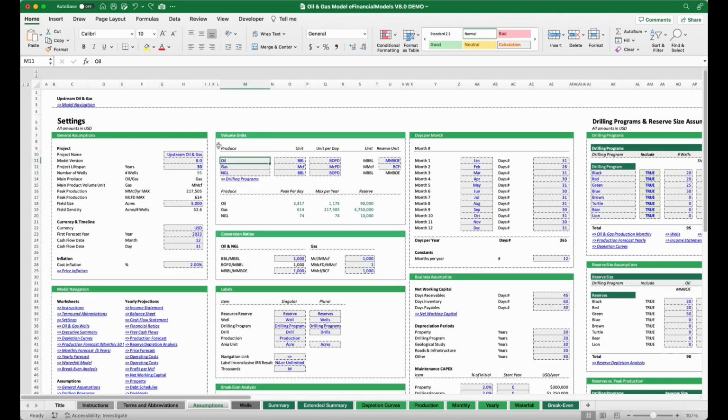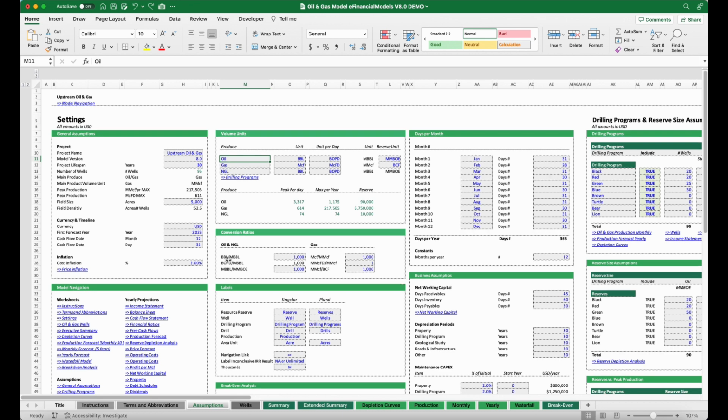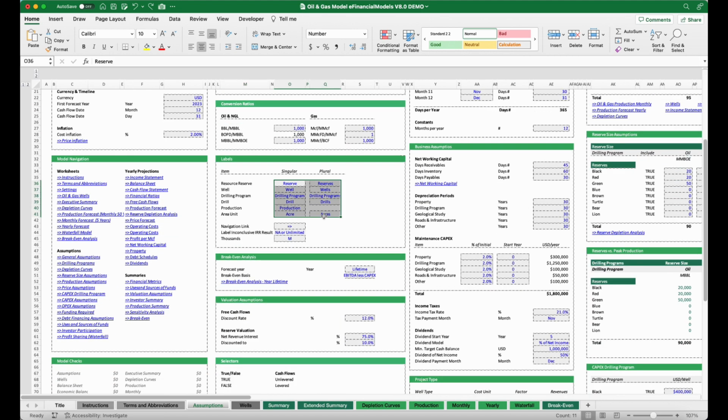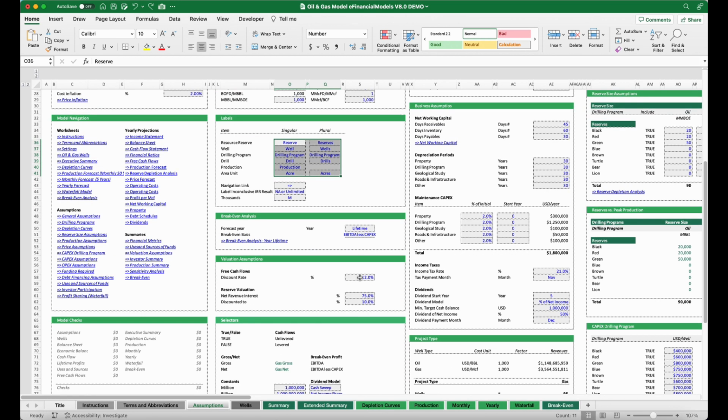These other assumptions are standard placeholders needed to calculate or designate the volumes and the conversion ratios between these different types of output labels. If you want to use other labels, this would be the place to change them. Next are assumptions regarding valuations, such as the discount rate you want to use.